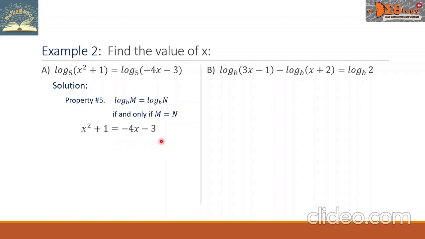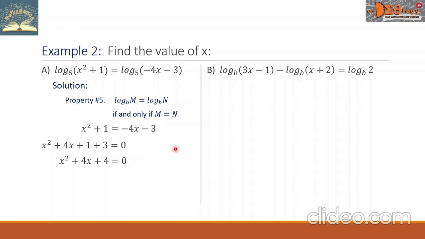Then we solve for x. The negative 4x and negative 3 we transpose to the left, so we change the signs. So we have now x squared plus 4x plus 1 plus 3 equals 0. Then we combine the constants. 1 plus 3 is 4. Let us now solve for x. We can use the factoring method.